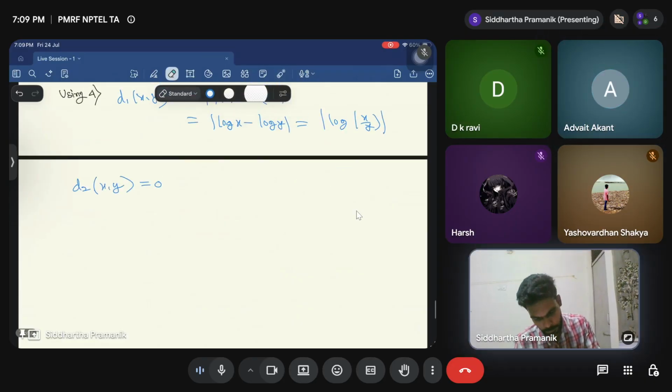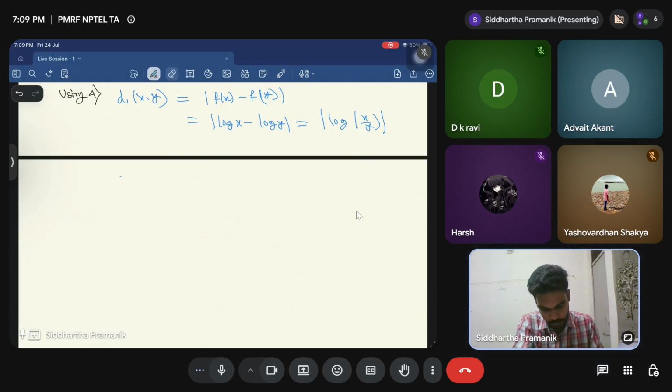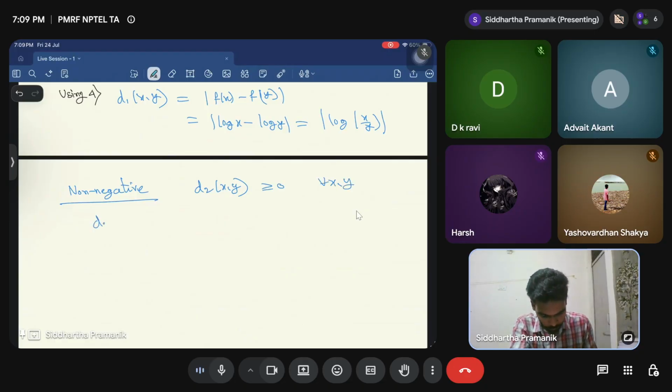Okay, let's try to write down the things so that it will not mess up. So non-negativity for D2. D2 of x,y is clearly non-negative for all x,y. One direction is clear, but suppose D2 of x,y is 0 and let x not equal y.